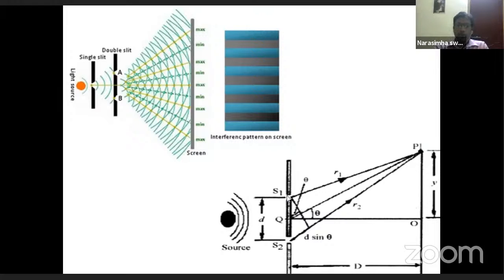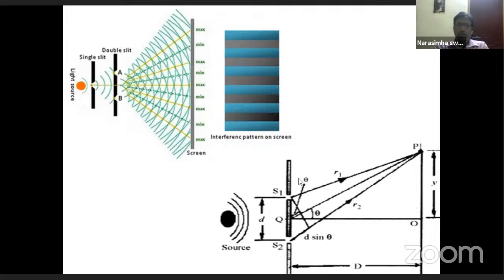Now let us take one ray from S1 moving over here, and from S2, and on the screen we randomly pick one point for which we need to calculate whether it is bright or dark, that is, maximum or minimum.